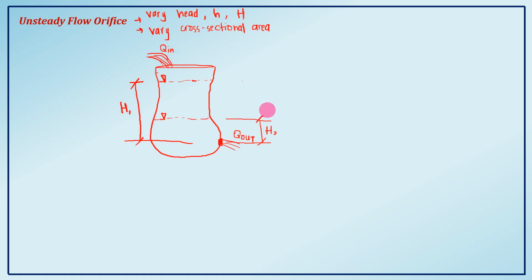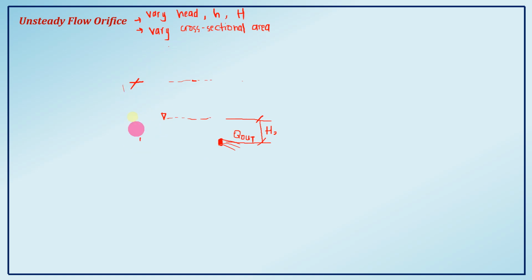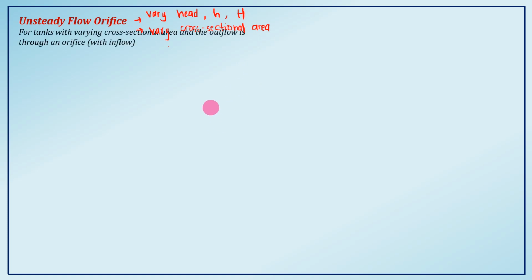So, we have derived equations for this, and for different conditions, kapag may inflow and may outflow. So, pakita natin yung derivation. Unahin natin yung tanks na may varying cross-sectional area and the outflow is through an orifice, then with inflow.